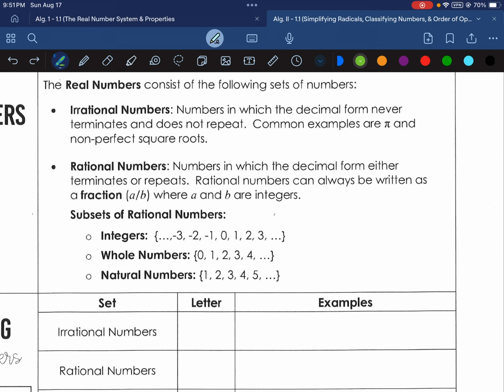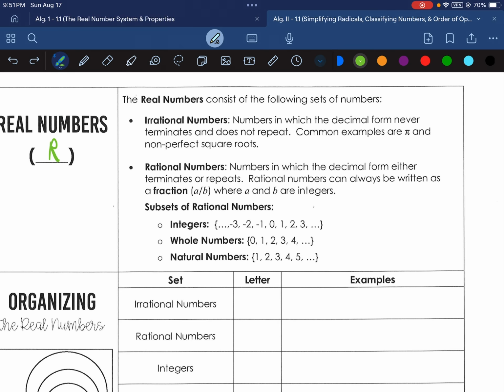Smaller groups of rational numbers from biggest to smallest are integers, whole numbers, and natural numbers. Now integers are positives and negatives, however they are non-decimals and non-fractions.